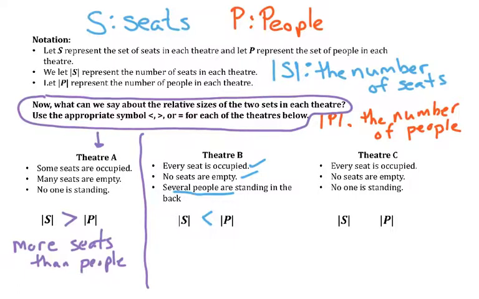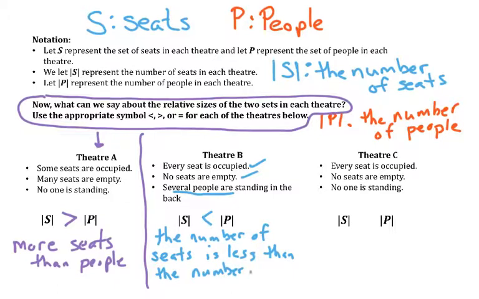That's what this says. In theater A, we could say the number of seats is greater than the number of people.